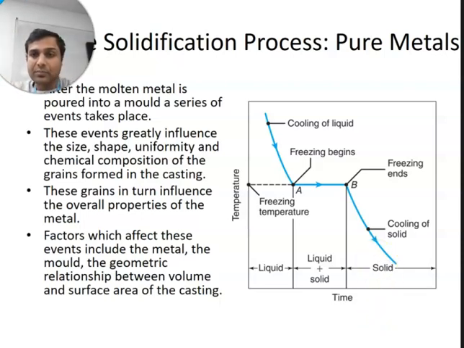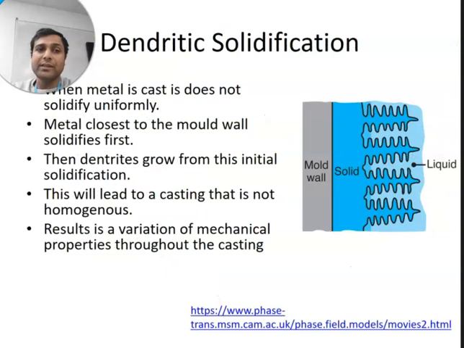We did that one in the previous session. When the cast metal starts to cool, the liquid starts to solidify. The liquid will form a tiny film next to the surface of the mold wall, and that's where the solid will form. And then it penetrates towards the center.